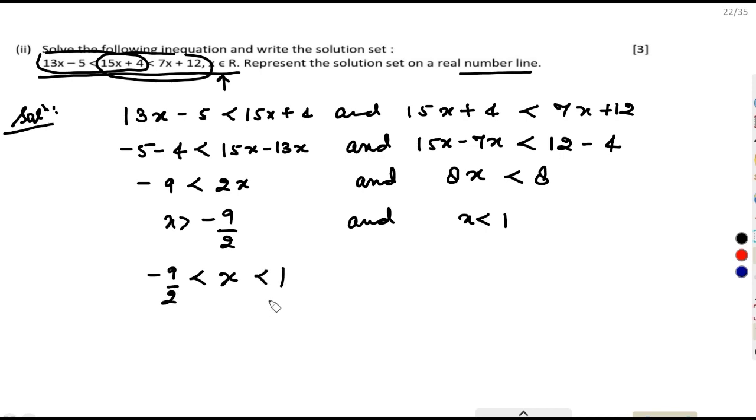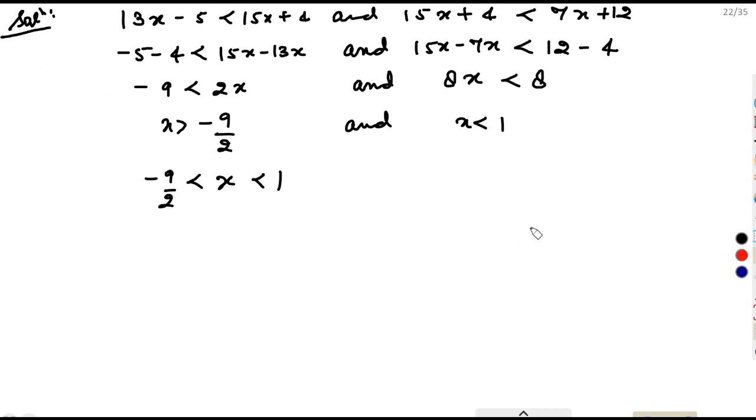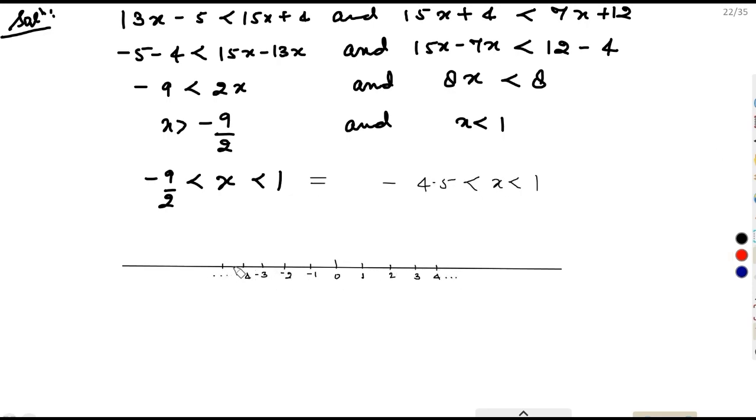Now we have to represent it on number line. Suppose this is the point minus 4.5. Now this minus 4.5 is not included in our answer, so we will represent it by an open circle.